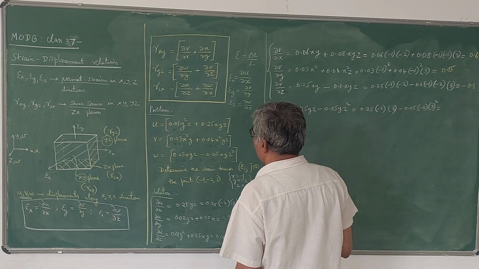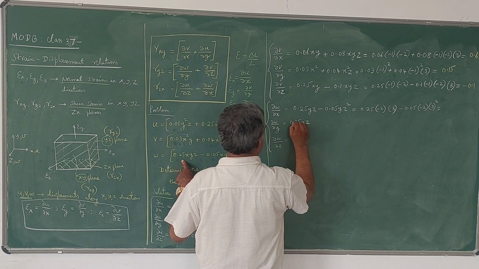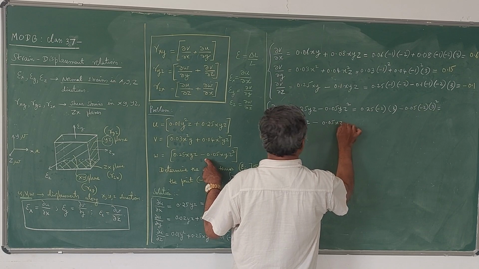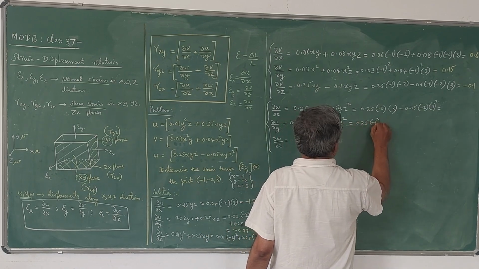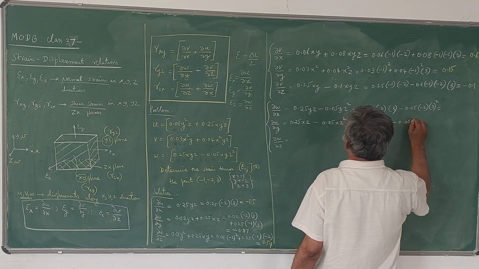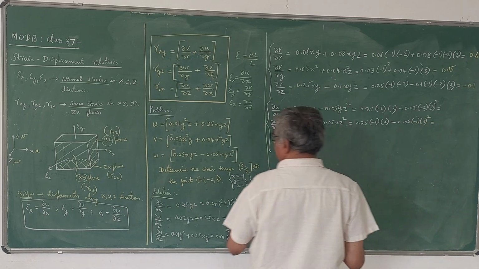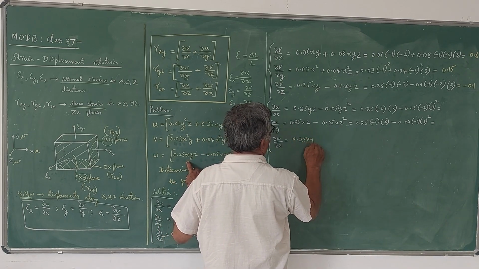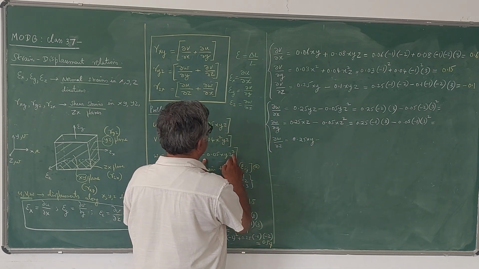This is one value. ∂w/∂y is 0.25xz minus 0.05xz². That is 0.25 into minus 1 into 3 minus 0.05 into minus 1 into 3². And the third value ∂w/∂z is 0.25xy minus, I have to take it as 2z.